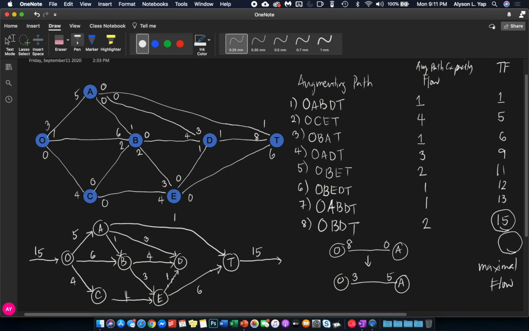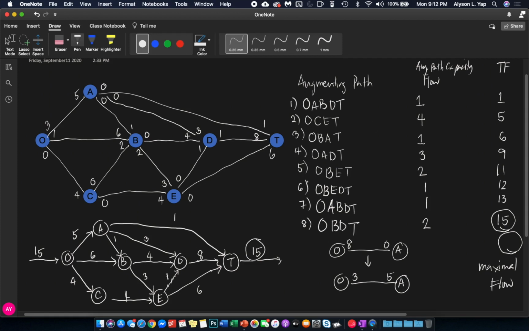You have 3 plus 4 plus 1. That's a total of 8. How many exited D towards T? As you can see, there are 8. How many units entered T? That's a 1, 8, and 6. That's a total of 15. And that is why we have a maximal flow of 15.